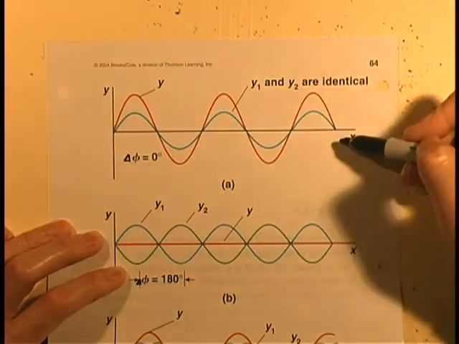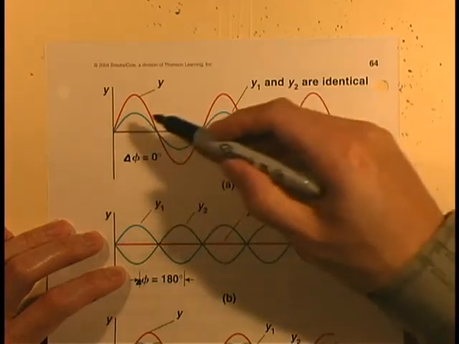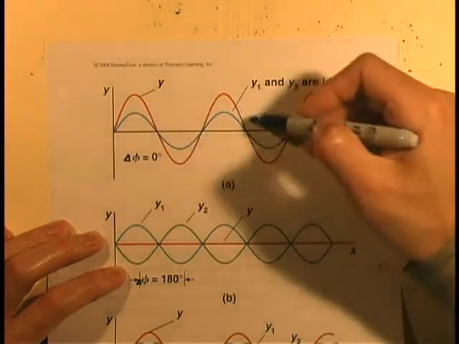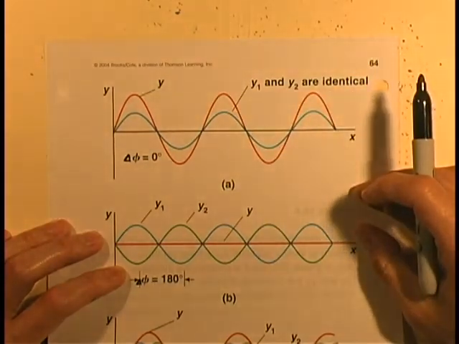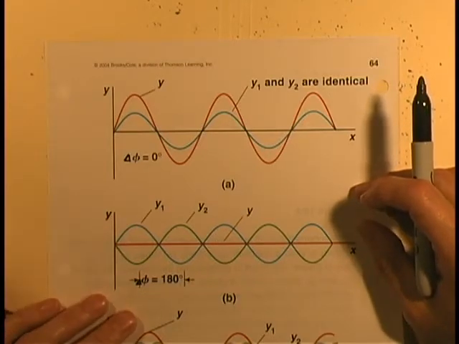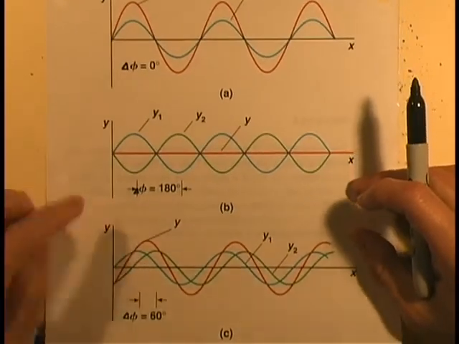This red wave obviously has twice the amplitude of each of the component waves, so it has a greater oscillation. On the other hand, if two waves differ in their phase angle by 180 degrees, or pi, or 3 pi, or 5 pi, and so on, then we go to the second situation like this.